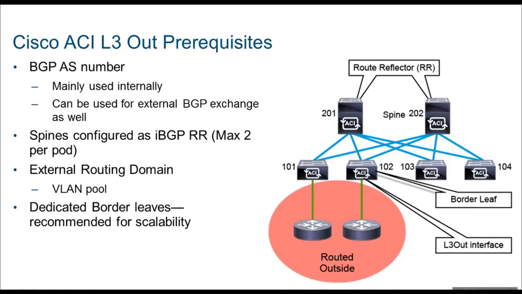IBGP is made scalable here purely by using the route reflector feature. Your clients, your leaf switches, are your route reflector clients. AS number could be anything. Okay. You probably might use a private range though.